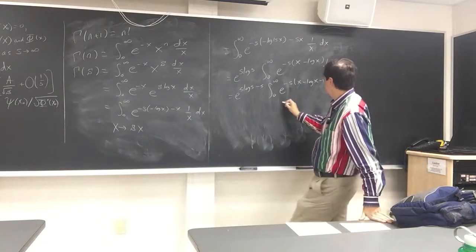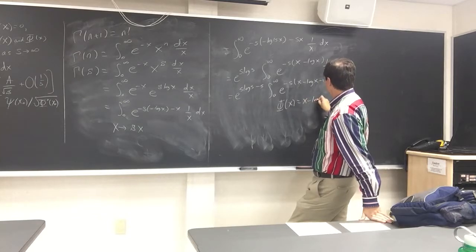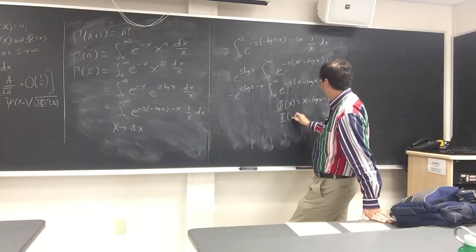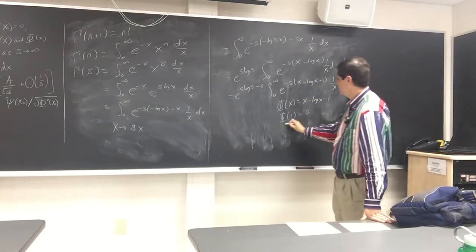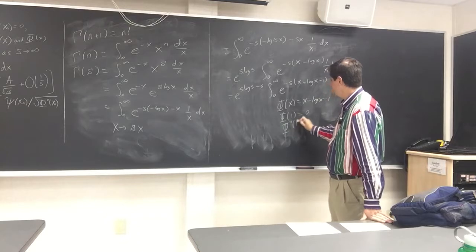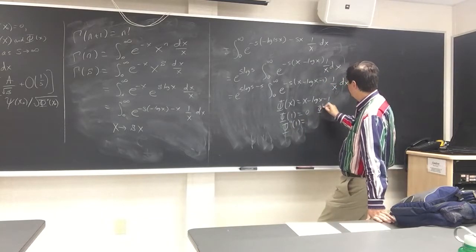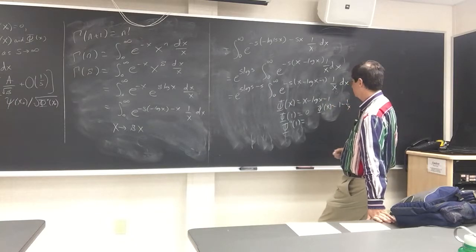The reason I'm doing this is now I want my phi of x to be x minus log x minus 1. Phi of 1 is 1 minus 0 minus 1, which is 0. Phi double prime of 1, well, if I take phi prime of x, that's going to be 1 minus 1 over x.